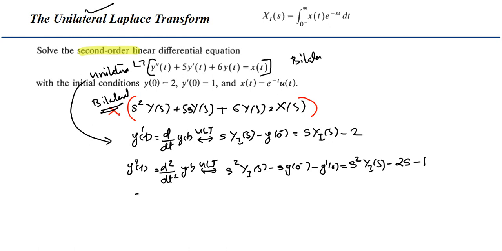And x of t is given as e raised to minus t into u of t. If you take the unilateral Laplace transform, it becomes 1 by s plus 1. So we got all the terms. Now we need to substitute in this particular equation. We'll take the next page.